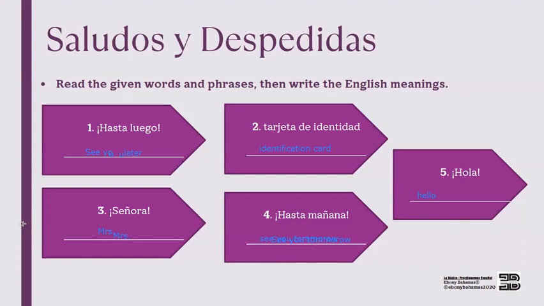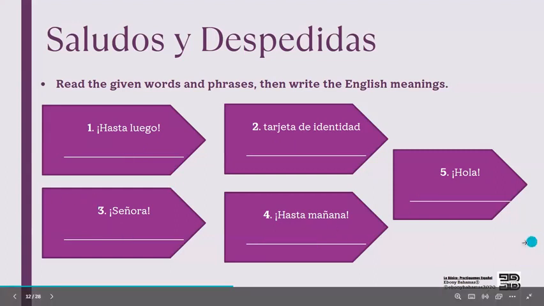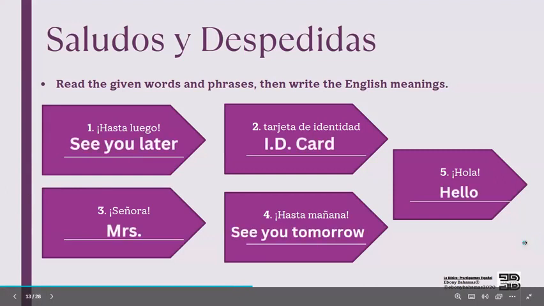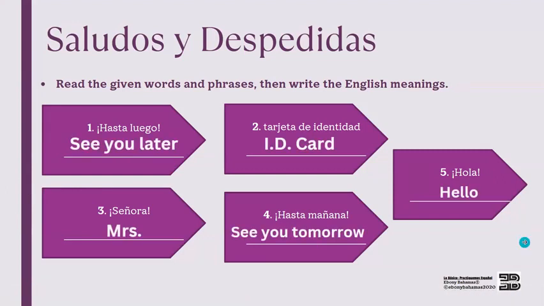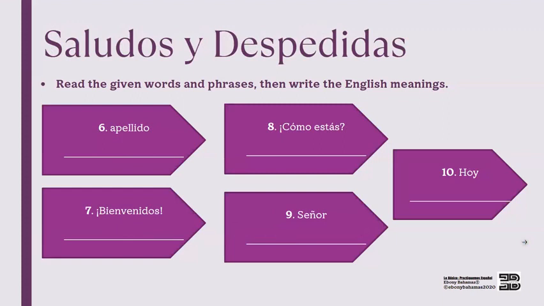Hasta luego, see you later. Tarjeta de identidad is your identification or ID card. And hola is hi or hello. Hasta mañana is see you tomorrow. Okay? What about these ones?